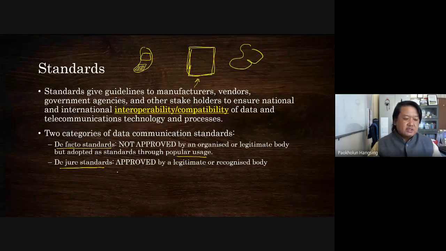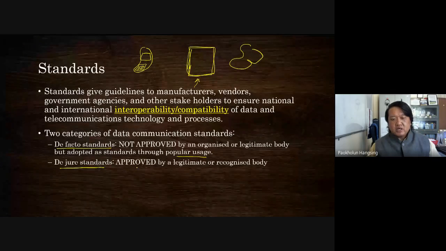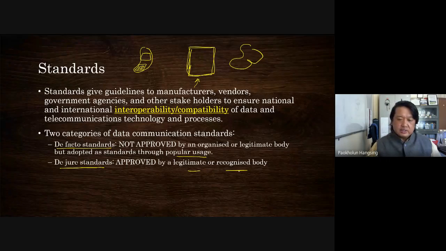Now, what is a de jure standard? A de jure standard is a standard which is approved by a legitimate or recognized body. If a recognized body says that we have to follow a certain standard, that standard becomes a rule.